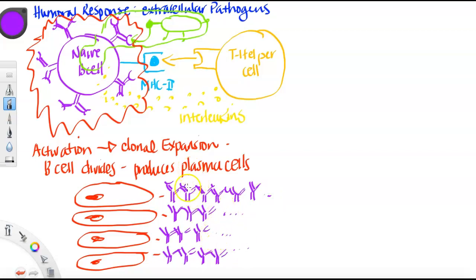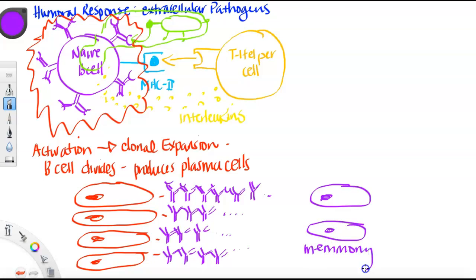All right? They also make memory cells. That is not how you spell memory.